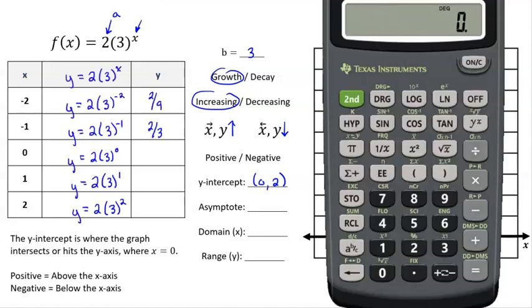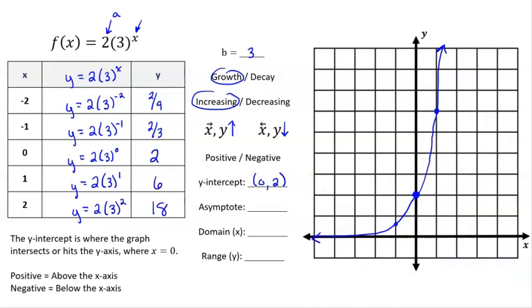If you're unsure about how to put this in our calculator, what you're going to do is hit multiplication in between that 2 and that parentheses. So we have 2 times parentheses 3, close parentheses, y to the x, and then 1, and then we make that 1 negative, and then press equals. And then with this one, we hit second, f to d, and then it gave us our 2/3.